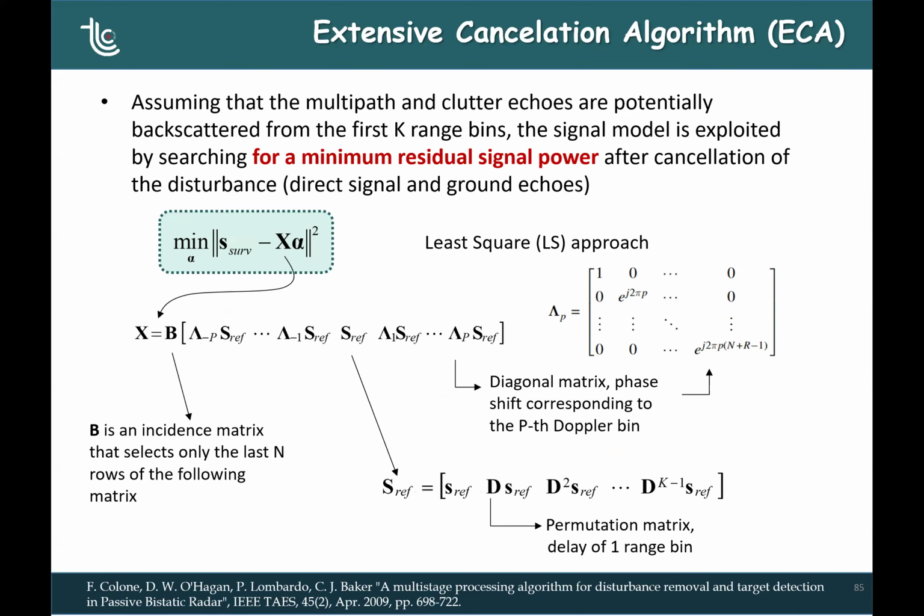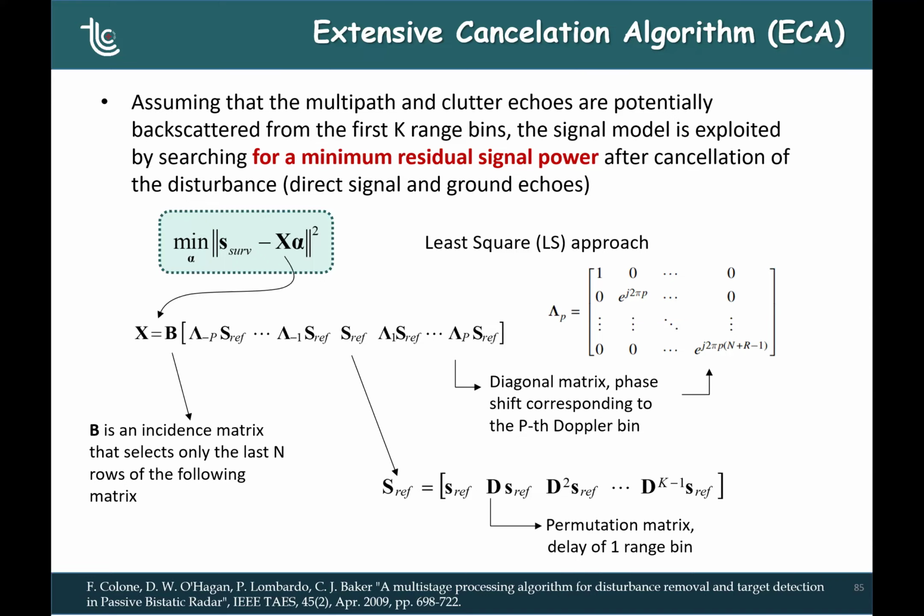How do we build X? B, that is the first matrix, is a matrix that selects only the last n rows of the following matrix. So B selects the n rows of the matrix lambda minus p times S ref, and so on.